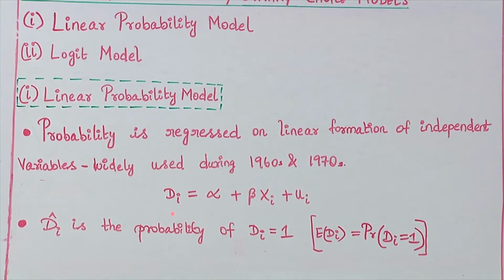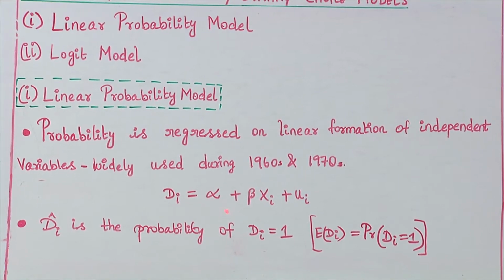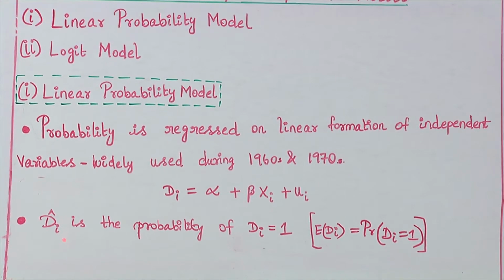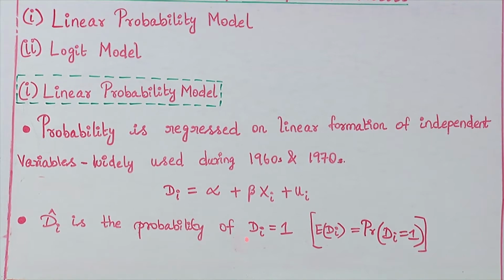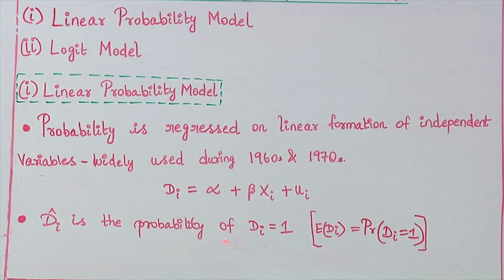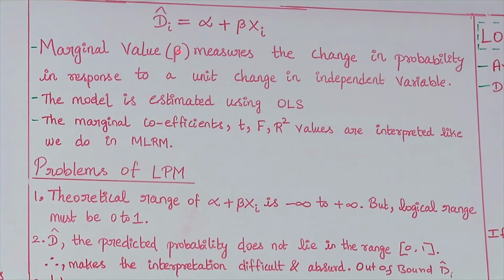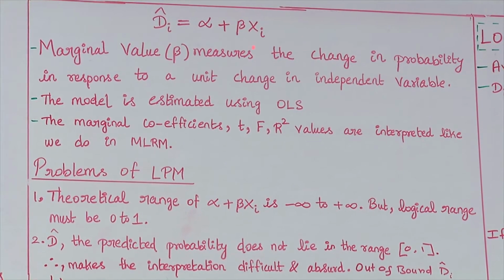So, simply the dummy variable Di is equal to alpha plus beta Xi plus ui. Di hat is the probability of occurrence of Di equal to 1. That is, the expected value of Di is equal to the probability of occurrence of Di equal to 1. Di hat is equal to alpha plus beta Xi.